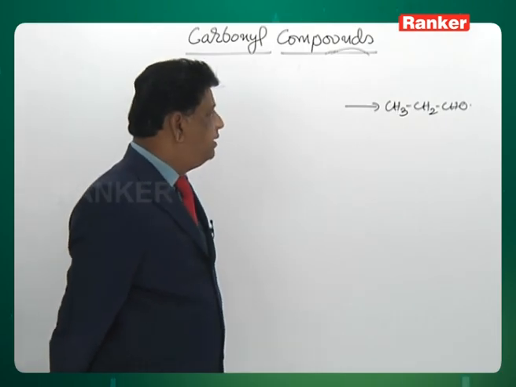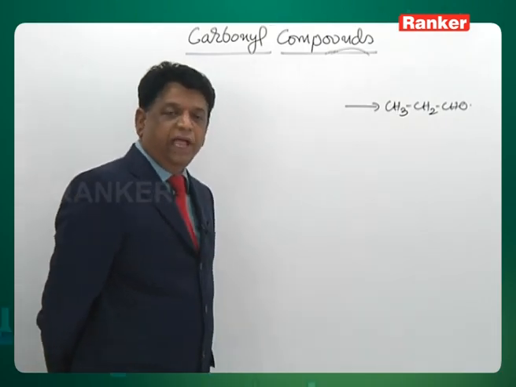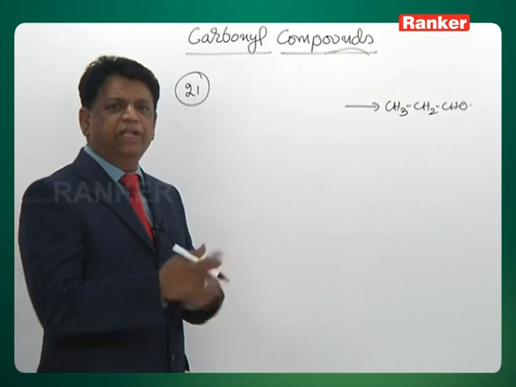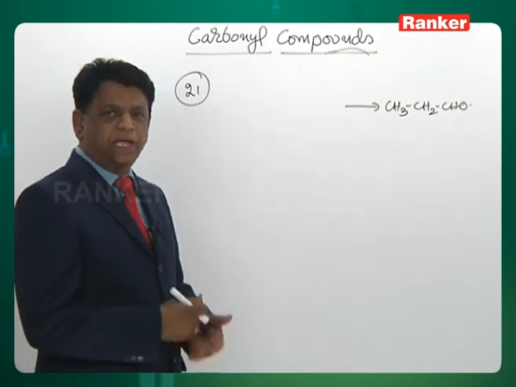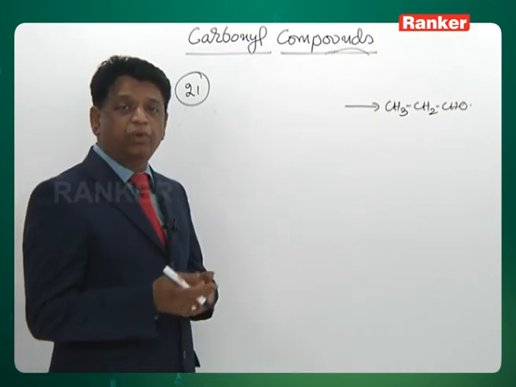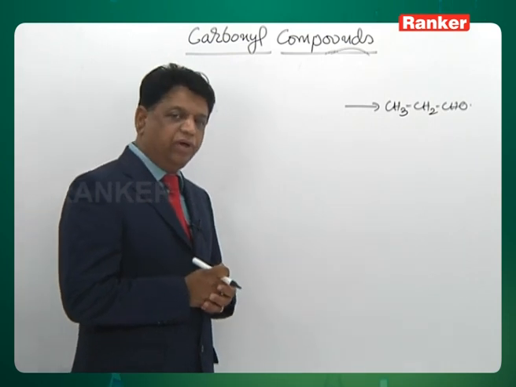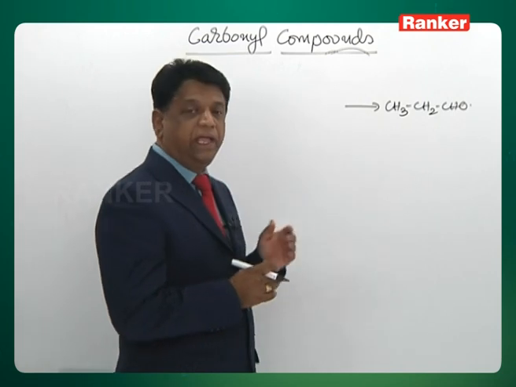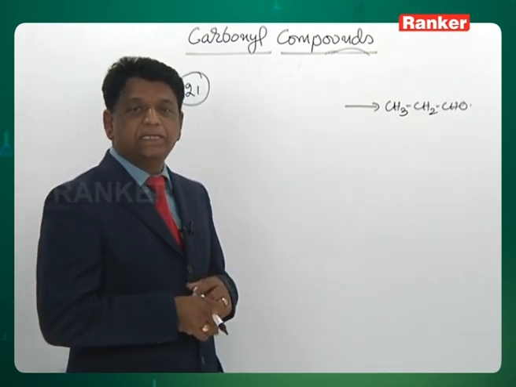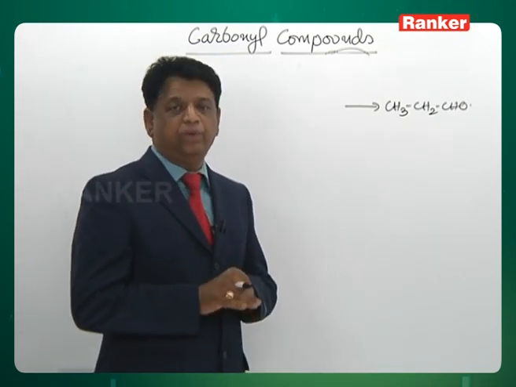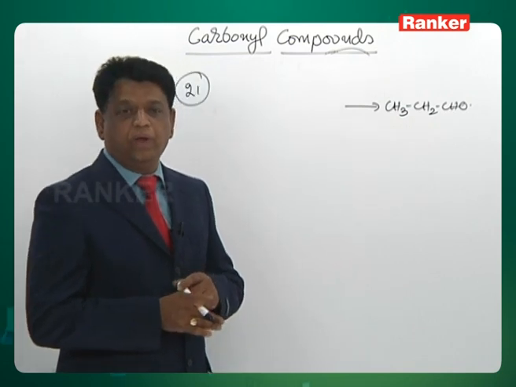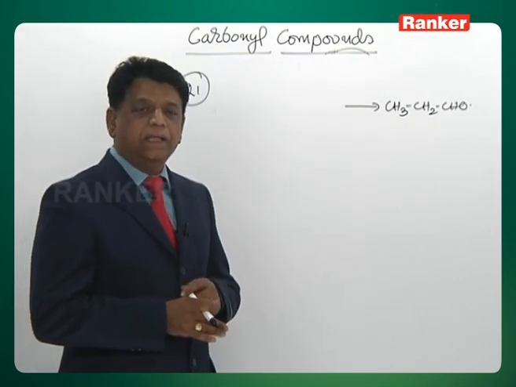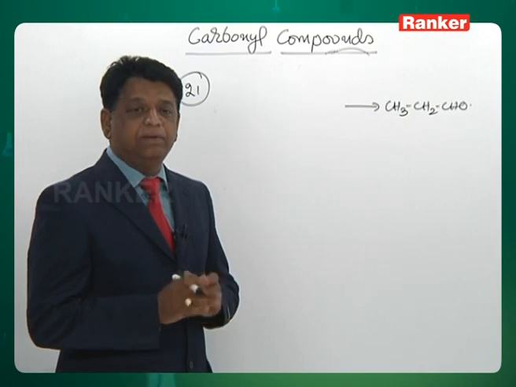Whenever calcium formate is added, aldehydes are formed. As such, if you distill calcium acetate, you will get acetone. Calcium benzoate, if you distill, benzophenone will be formed. So calcium formate is the right combination, but with the salt of benzoate you have selected, you will get benzaldehyde as the first answer.